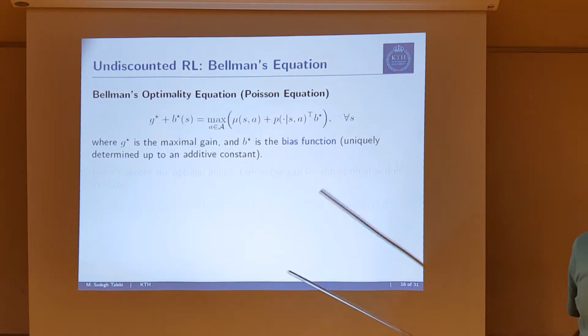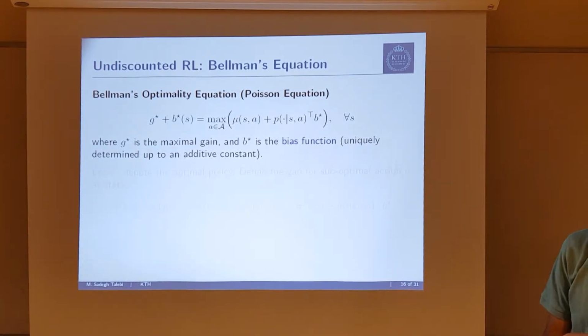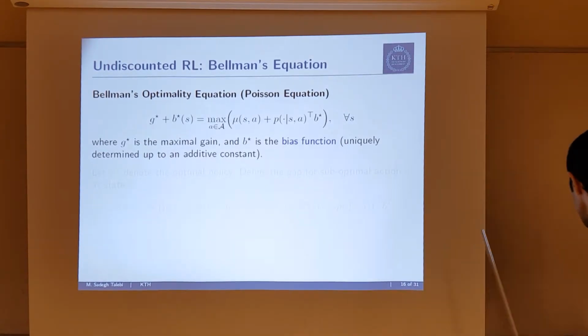Can you explain the second term in parentheses? What is that exactly? Is B star the same as B star of S? Yes. Well, let me write it here because it would be more intuitive. I guess the first term is the immediate reward. Immediate average reward, indeed, yes.